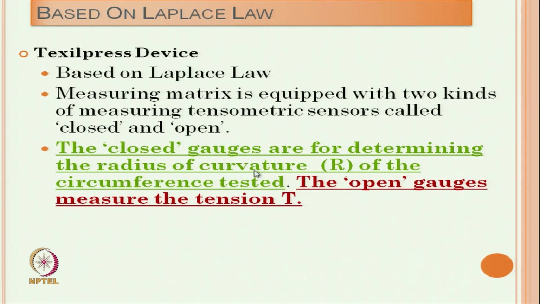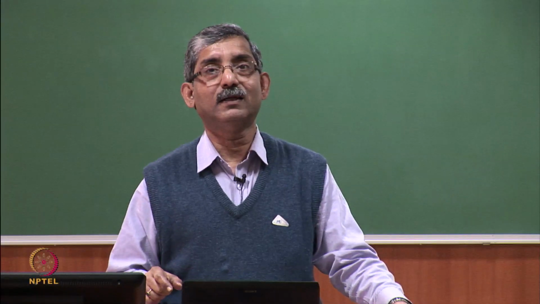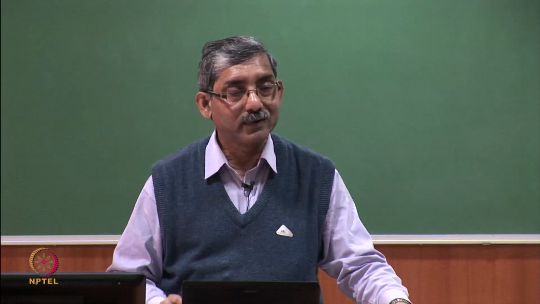The closed gauge is for determining the radius of curvature R of the circumference tested, and the open gauge is to measure the tension. If we know these two parameters through the closed and open gauges, we can immediately get the value of the pressure applied, knowing the width of the bandage and the number of wraps.